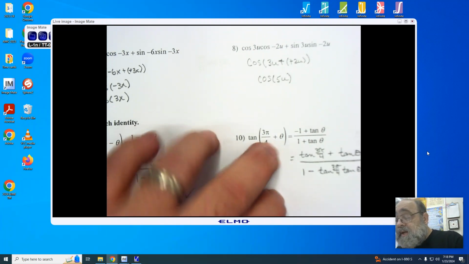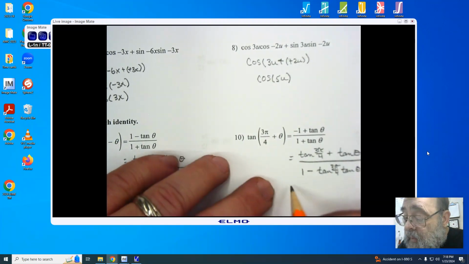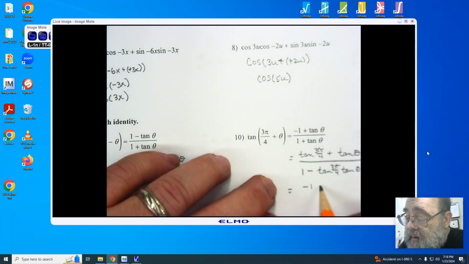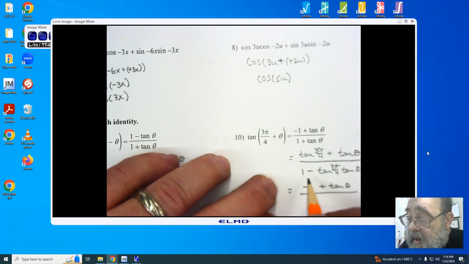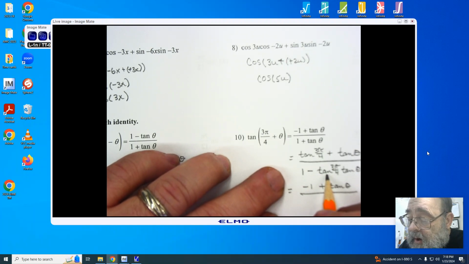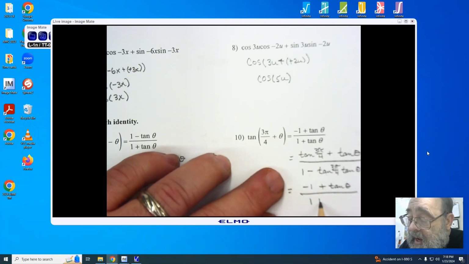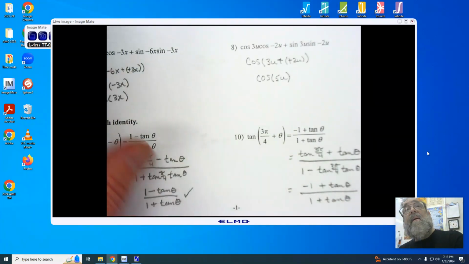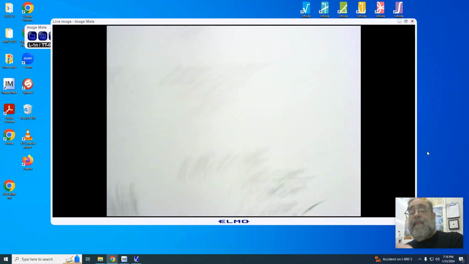Now we know that the tangent of 3 pi over 4 is negative 1. So I have negative 1 plus the tangent of theta, and I'm dividing by, now because I get a negative 1 here, I end up with a double negative, and it makes it a plus tangent of theta. I have proven my identity, verified my identity.